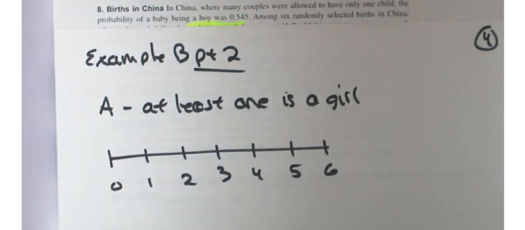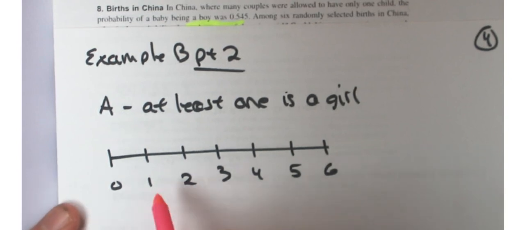Are you agreeing with your neighbor? Do you have the same one circled? All right, so what should I circle here that represents at least one girl?